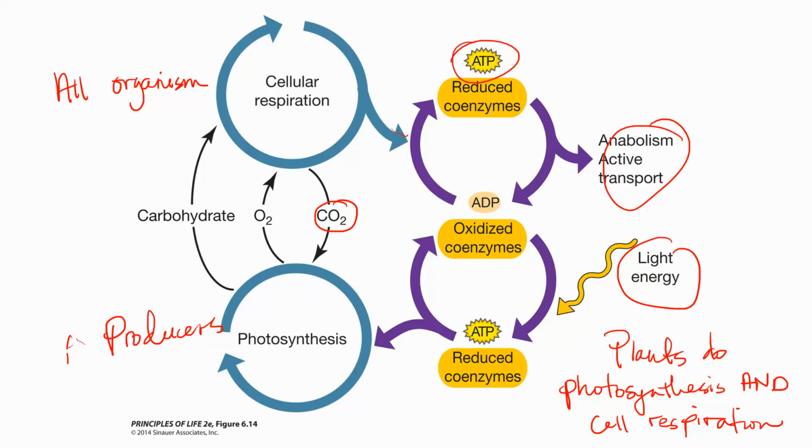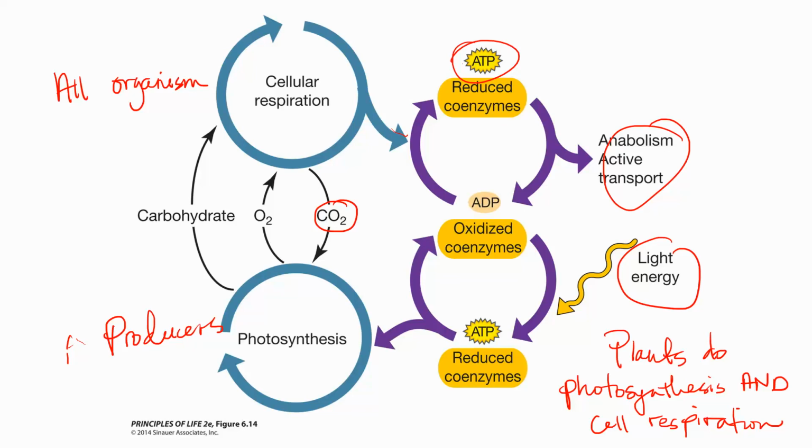If you were to take a plant and put it in the dark, so that it could not perform photosynthesis, it could use up those stores of glucose for a little bit to power cell respiration. But once you use up all of the glucose, all of the carbohydrates that are stored in the plant, unless you let it enter light again, it will then use up all of its energy source and it will starve.